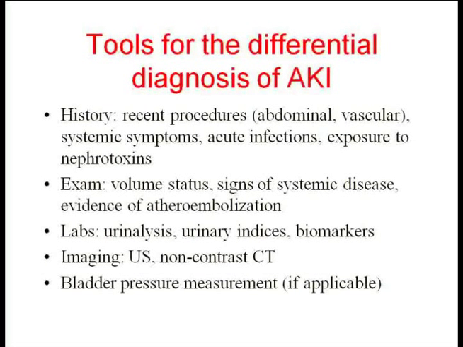But there's really a triumvirate of tests that we use, and that triumvirate is composed of renal imaging, making sure that the patient's not obstructed, and that's typically an ultrasound, urinalysis, looking at the urinary sediment, and the use of urinary indices, especially the fractional excretion of sodium and the fractional excretion of urea.